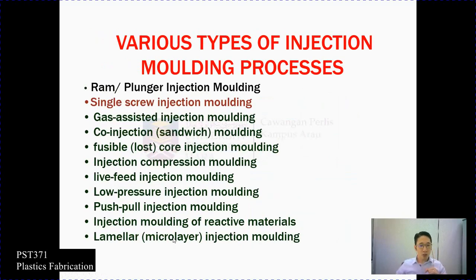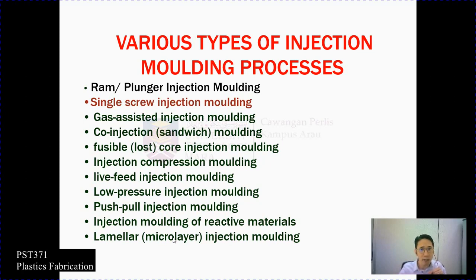As I mentioned earlier, these are the various types of injection molding process. We will go through each of these, although I might not explain each process in detail, but I want to introduce what types of injection molding are available in industry, because some of the processes are similar to each other. The difference might probably be during the mixing, the extrusion, the injection or the compaction, etc. The first one is ram or plunger injection molding. We have single screw injection molding, which is very common and very popular.